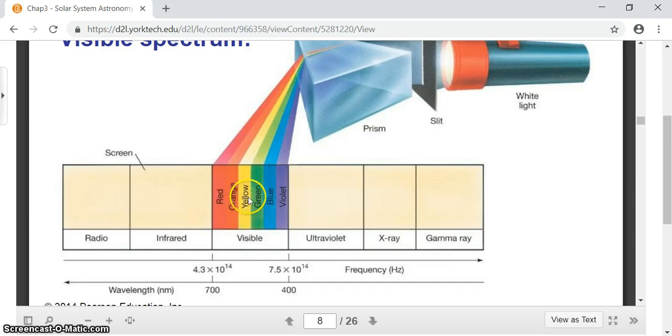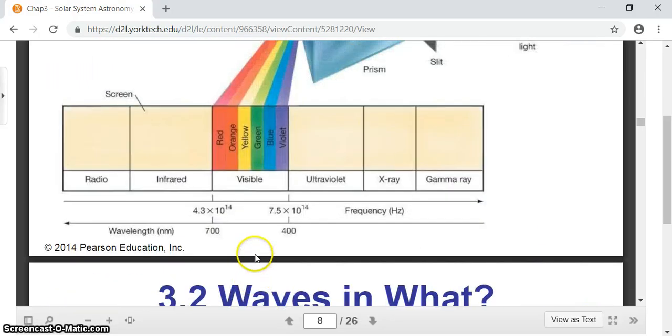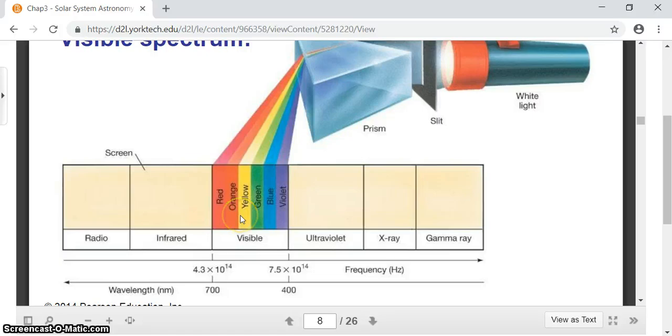This is what's called the visible spectrum, from purple to red. There are several things I wanted to mention about it. There are some trends here. The purple light has more energy, and the frequency is higher. The red light has less energy, and the frequency is lower.